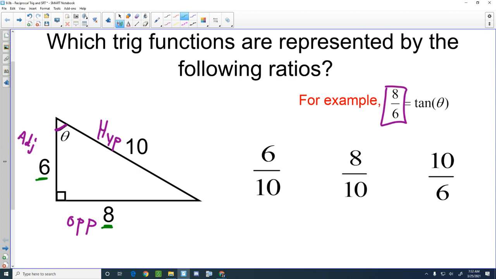Just like 8/6 is tangent, and yeah, that last one's weird, huh? I'm seeing a few stumped faces. Oh, yeah. What is that? That last one.